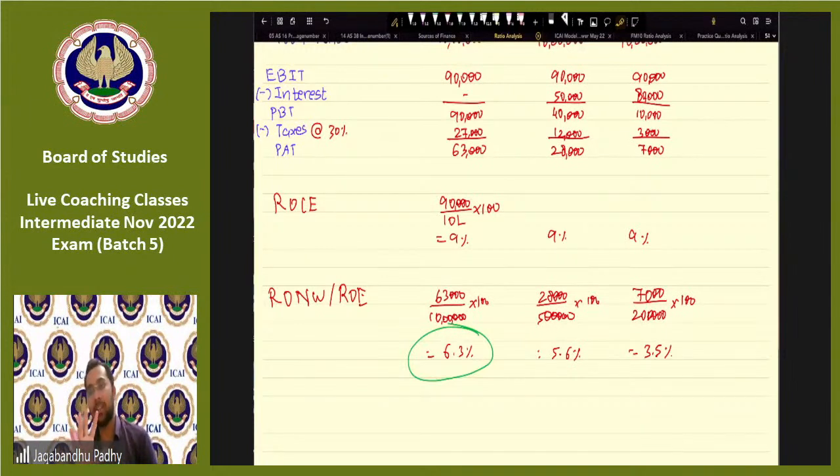Tell me, can you attain a speed of 100 kilometer per hour in first gear? Of course, not possible, right?